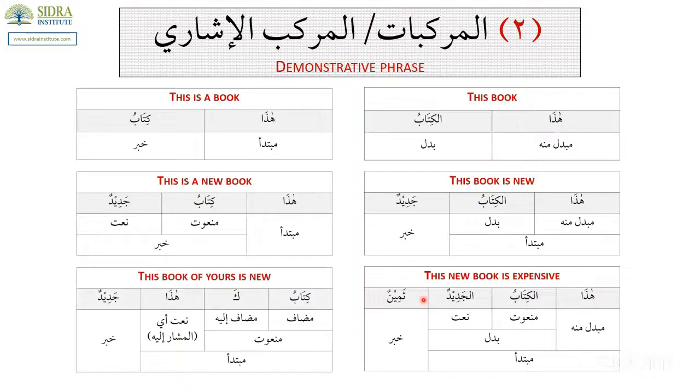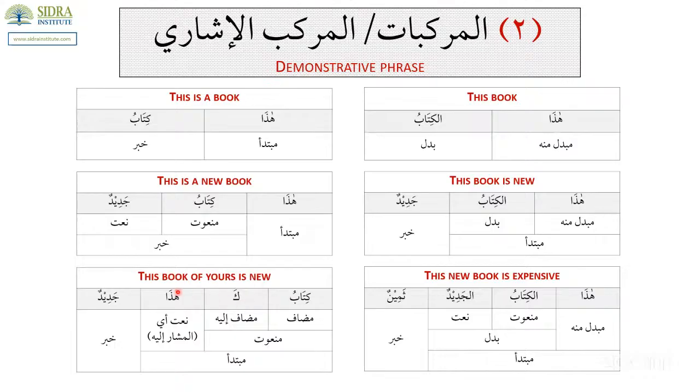Check this phrase out. This book of yours is new. Kitabuka hadha. We've sandwiched the word hadha now after a possessive phrase. So when we see Ismul Ishara come in between and it's kind of joined to a phrase before, how would that play out in terms of tarkīb?